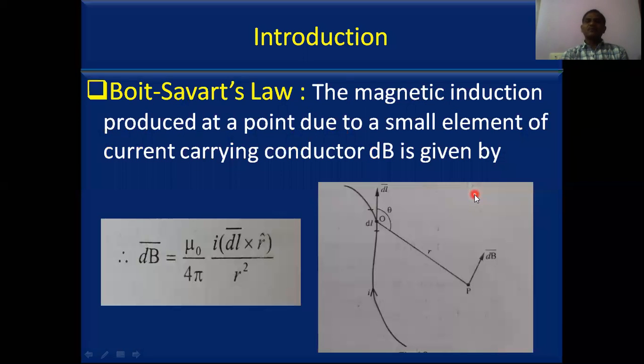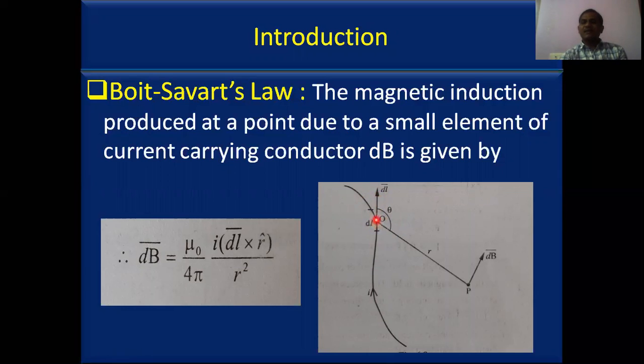Okay. So what is the Biot-Savart's law? Yes, you observe this one. This is the current carrying conductor, right? An infinite length of current carrying conductor. Then suppose that it is divided into infinitesimally small elements. You consider a small element of length dl. Its direction, dl bar, is as shown in the tangent line direction.